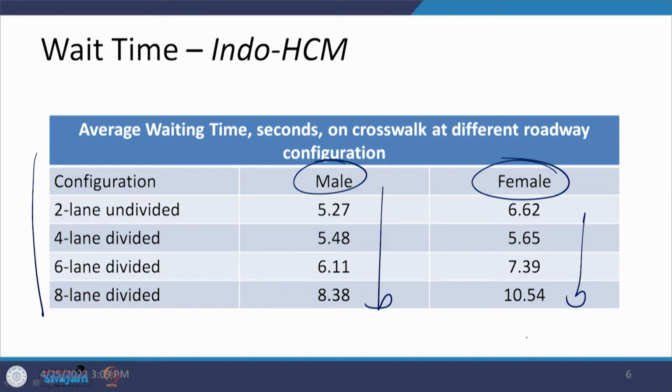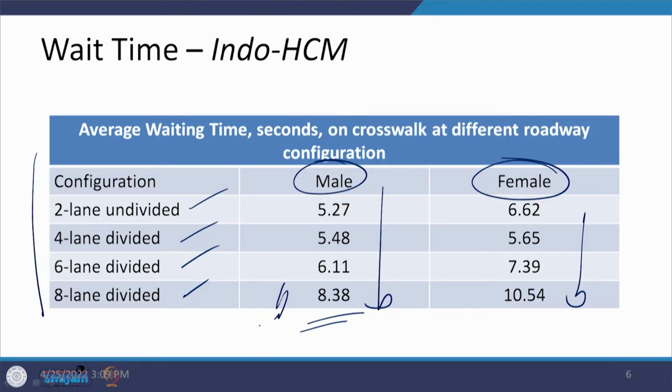So, that is a variation, and that all depends upon which particular facility we are talking about, and as soon as the facility is increasing its size, then this wait time is also increasing, because when you are standing on the side, you feel that you have to cross 2 lanes or 4 lanes or 3 lanes, and accordingly you will try to have more of the spacing with the vehicles when you start crossing, and that is where this wait time is going to increase here.